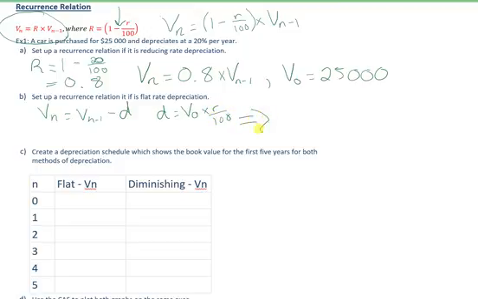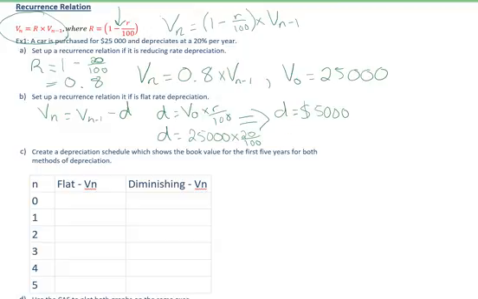So how much am I losing each year if I'm losing 20% of that original value? D is 25,000 times 20 over 100, so D is equal to $5,000. I'm going to be losing $5,000 each and every year.